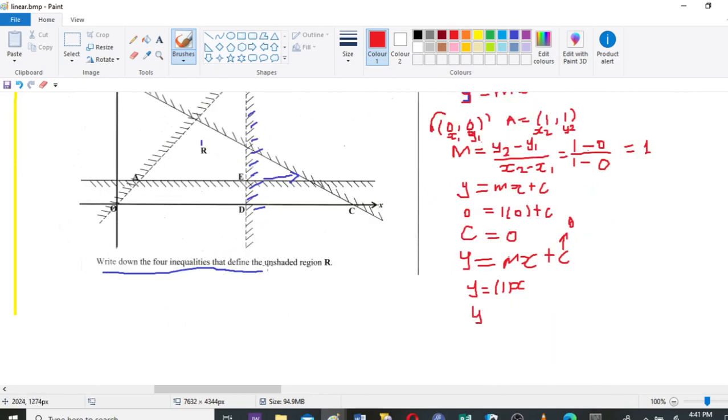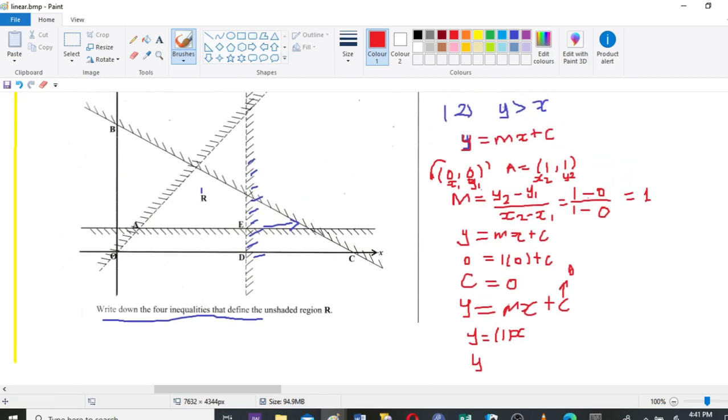But look at this line here we are looking at, the line which is passing at 0 here. Hope you're able to see it. It is broken first of all, and then it is shaded to greater numbers. So what is that telling you?